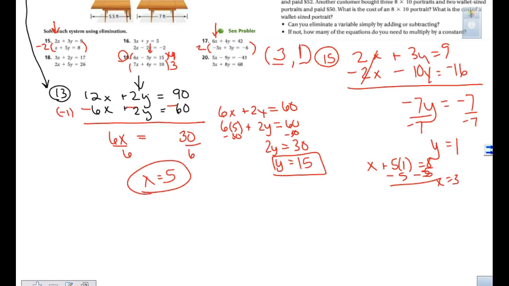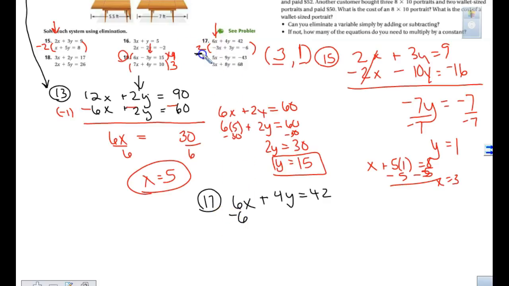And if I'm doing number 17, I'm not going to do all of it, because some of you just didn't finish, or I don't know, just didn't start it. So starting it out, 6x plus 4y equals 42. As I do the multiplication, Avery, what are you going to get when you multiply? We're going to go with 2 so that we can get negative 6.